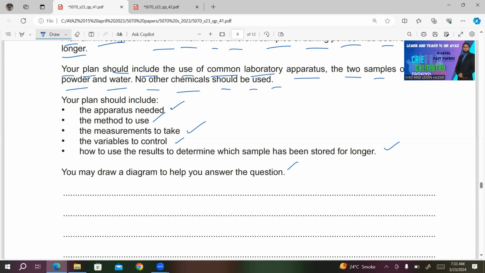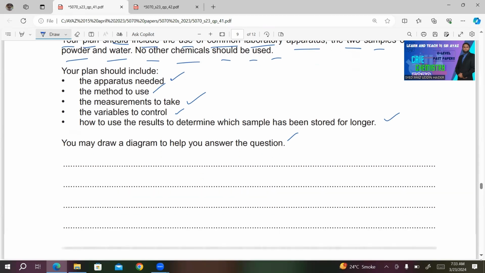This will cover 4 marks. For the other 2 marks, you can draw one more apparatus and write one of the statements which I have just explained. So first of all, I will start with the statements.